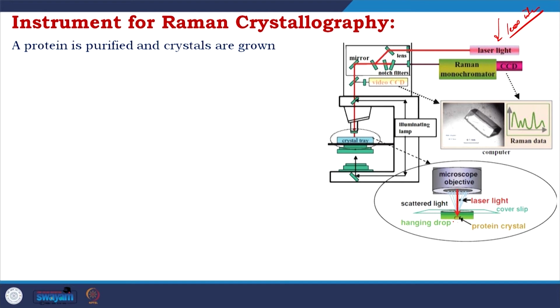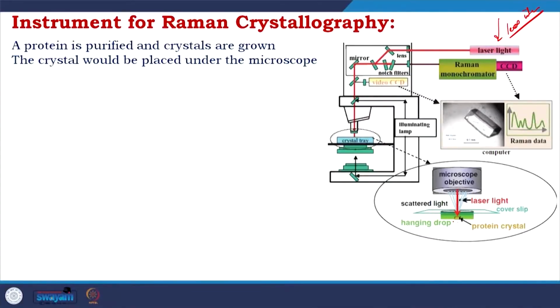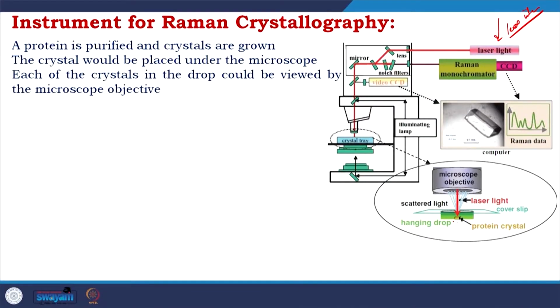A protein is purified and crystals are grown. You could do that only if you have the protein crystallography setup, only if you do all the things we have discussed at the time of protein crystallography. The crystal would be placed under the microscope.